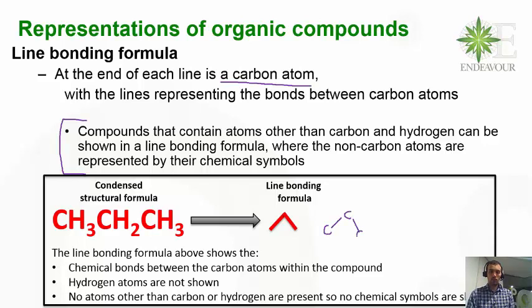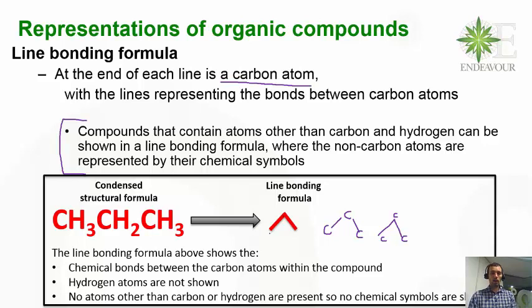So drawing the triangle shape here is you've got one line here and then another line there. So at the end of each line there, or the point of each line there, we've got a carbon atom. As well as there being carbon, we've got the associated hydrogens as well, but we don't draw those in for this line bonding formula representation.